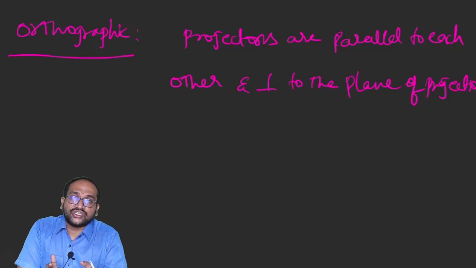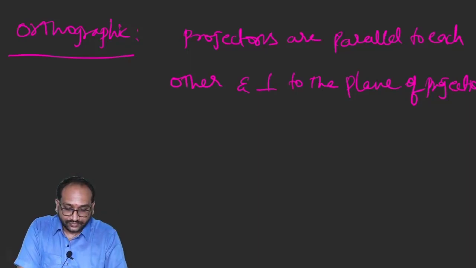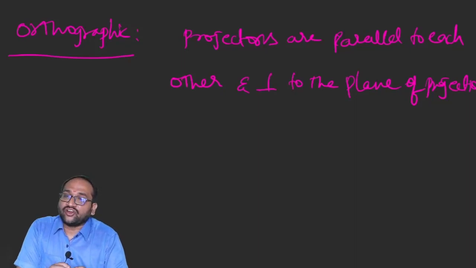Plane of projection is nothing but the screen of the object. So in orthographic projection, projectors are parallel to each other and perpendicular to the plane of projection.